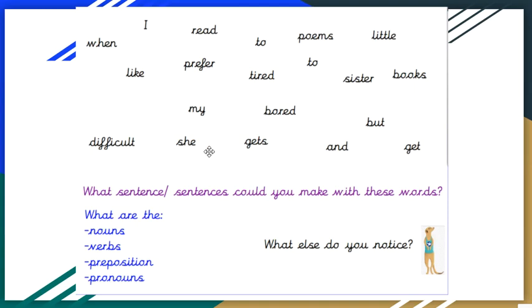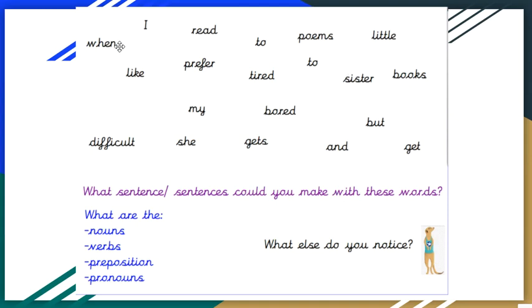So I can see here there's a sister, so that's a noun, a person, the sister, and I can see books is a noun. I can see that we've got tired and bored, so someone is probably feeling tired and bored. Maybe the sister is feeling tired and bored.